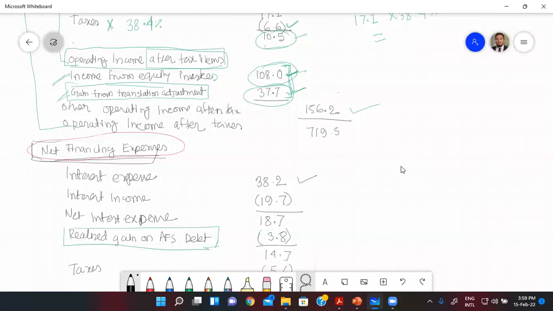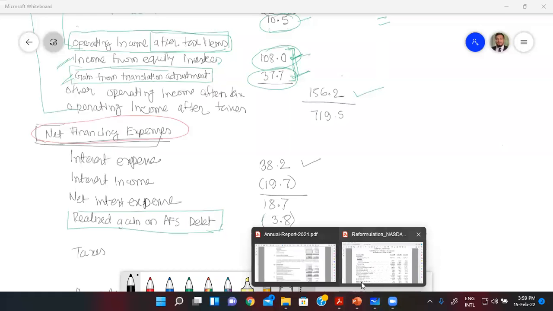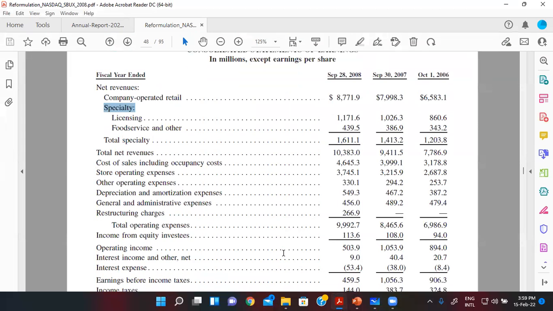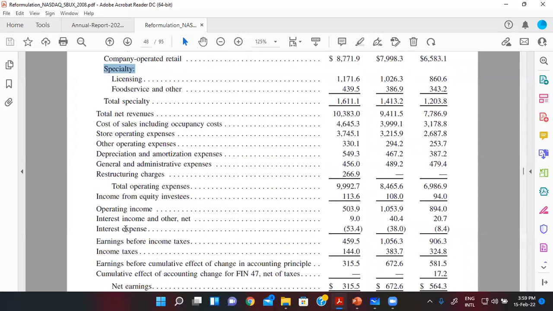Okay, so we like to see in the actual financial statement whether they provided any explanation for the interest income and other. You see that they provided interest income and other separately and interest expense separately. But you see the difference between 40.4 and 38.0 is 2.4.